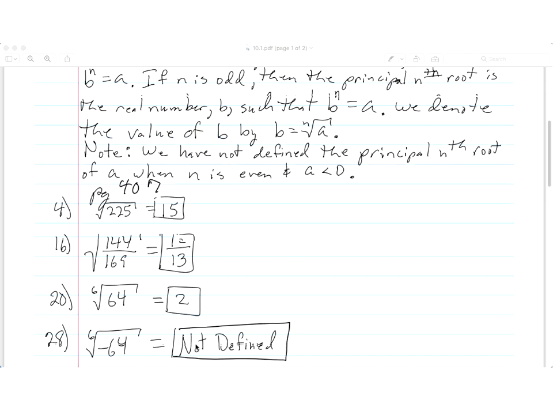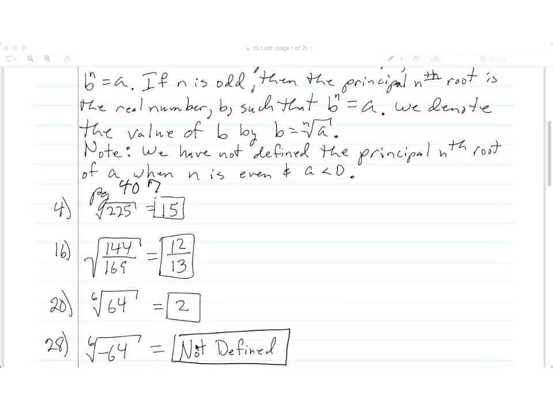Let me do problem number 28. I want to find the sixth root of negative 64. Well, since 6 is an even index, and since the radicand, negative 64, is not non-negative, it is negative, then I have not defined the even root of a negative number.